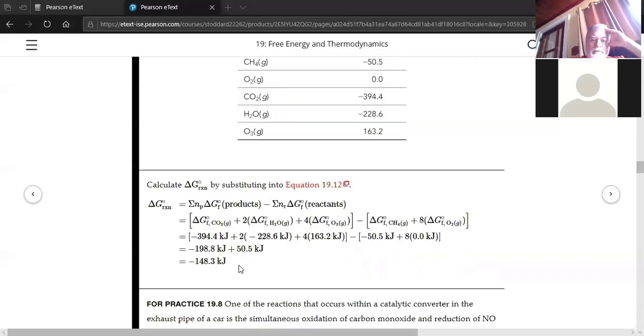So yeah, that's pretty straightforward to use, but you do have to remember that this delta G0 you're calculating is only at 25 degrees. There's no temperature in this formula anyway.